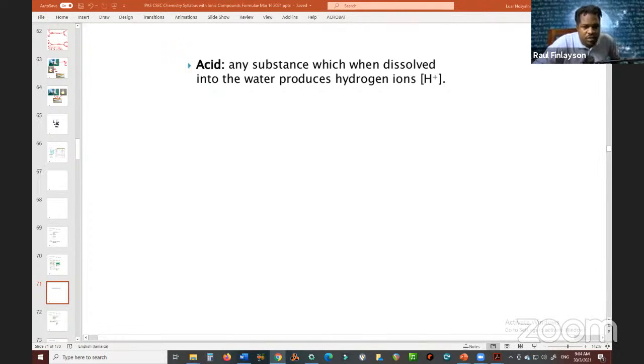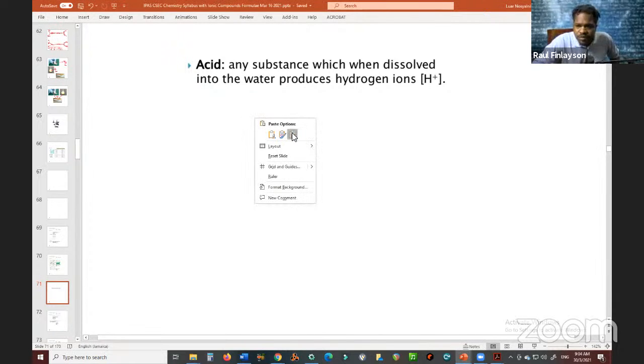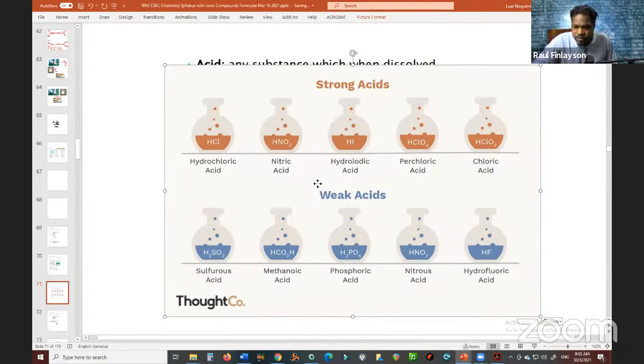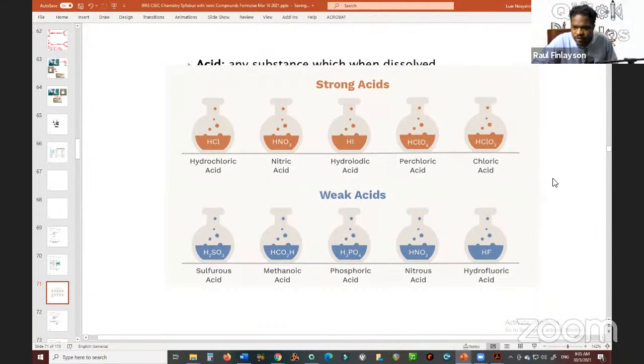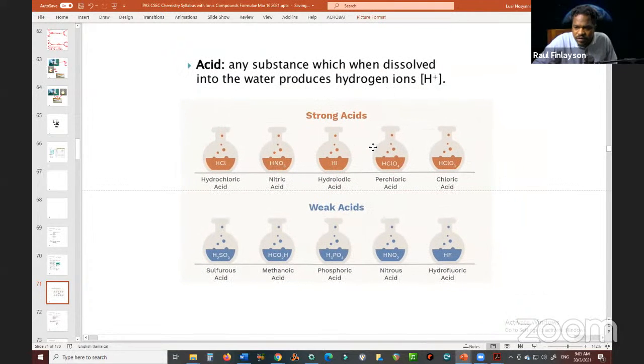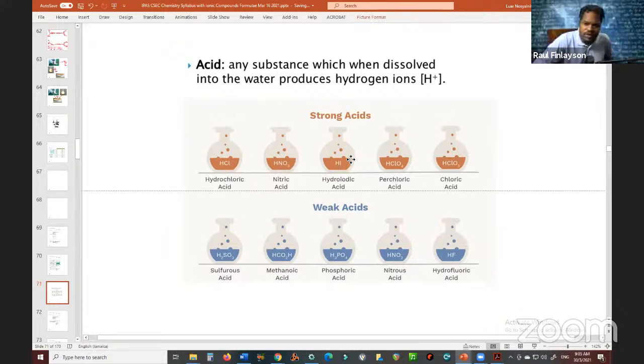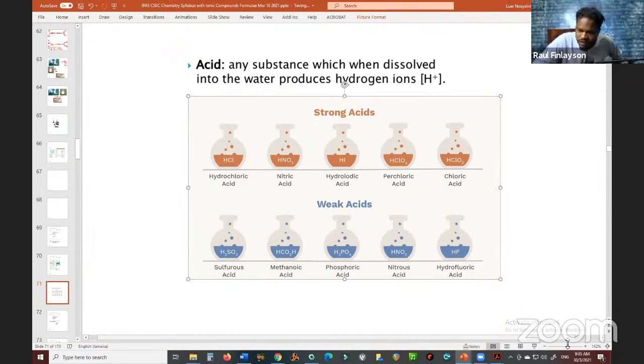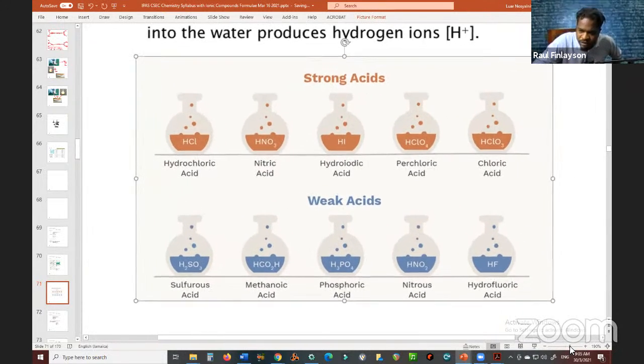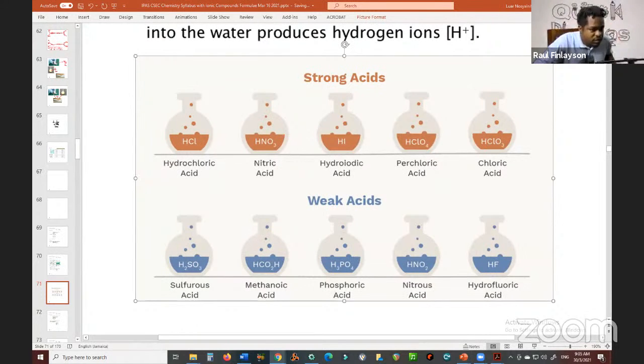Copy this one. Let's just condense this and we can make this simple. So everybody should be seeing this, right? You're seeing the different examples of strong and weak acid. Yes, sir.